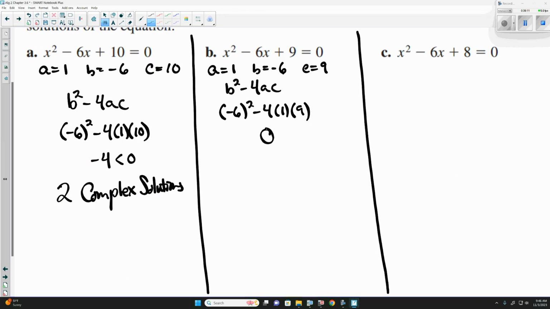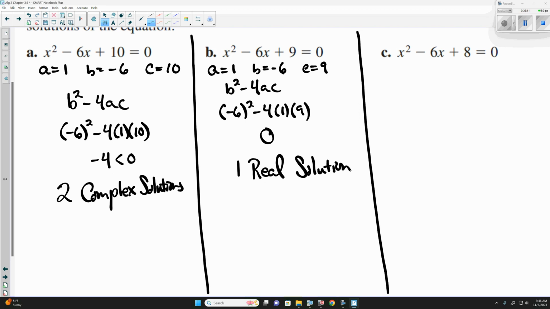So the value of the discriminant this time is 0, so the number of solutions we have is 1. We have one unique solution, and it would be a real solution. This is the one that hits the x-axis. The first one, the -4, is the one that doesn't cross it at all.